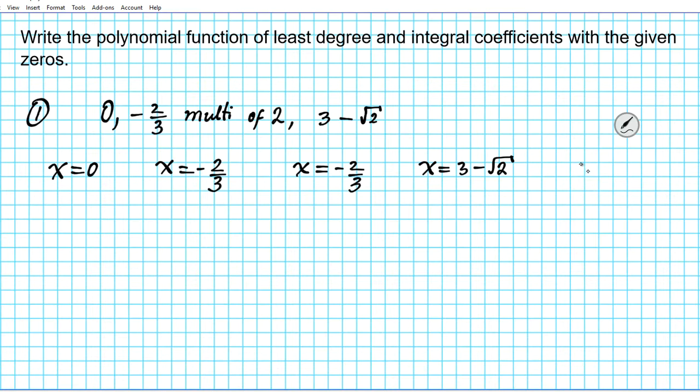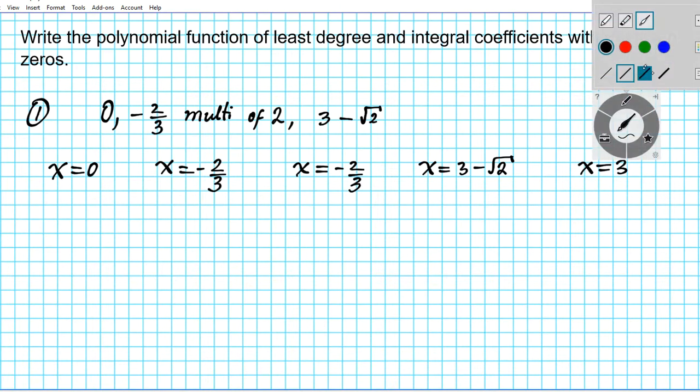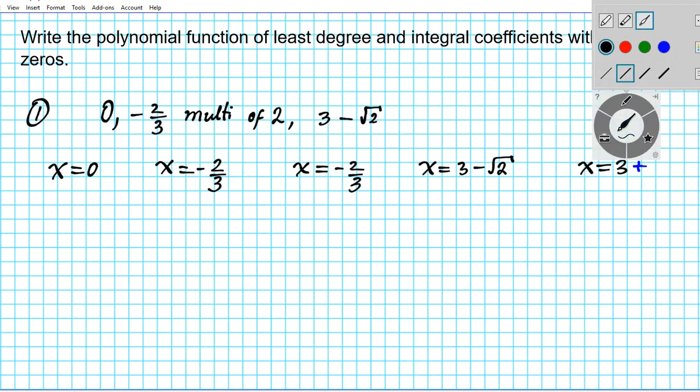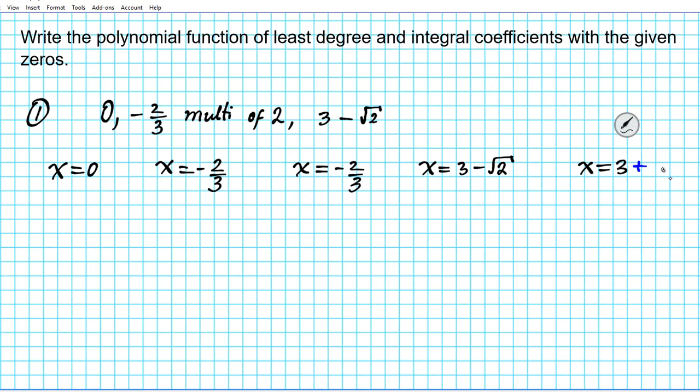So guess what? We're going to add an x equals 3 plus root 2. Okay, so to get the conjugate of an irrational number, you simply negate the radical piece. And there you have it.